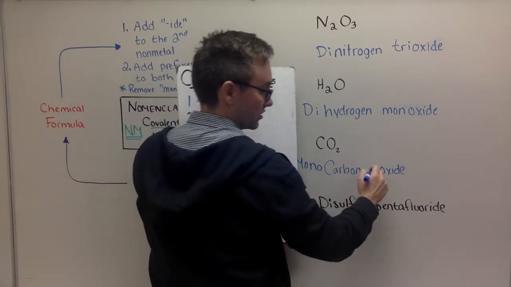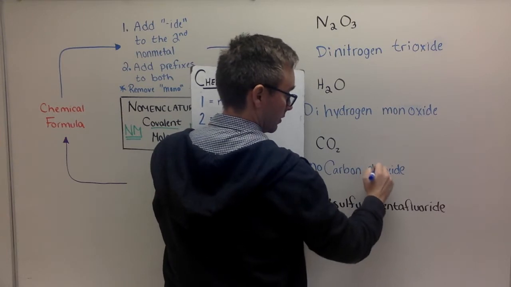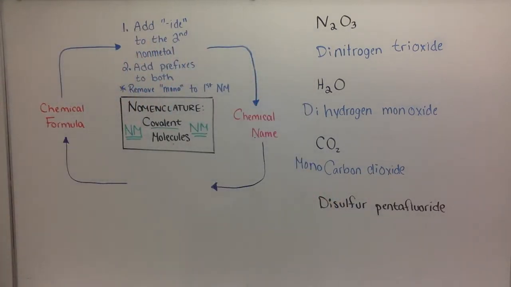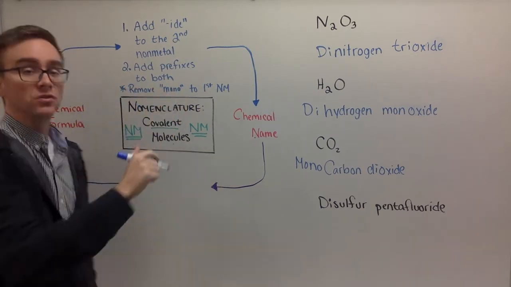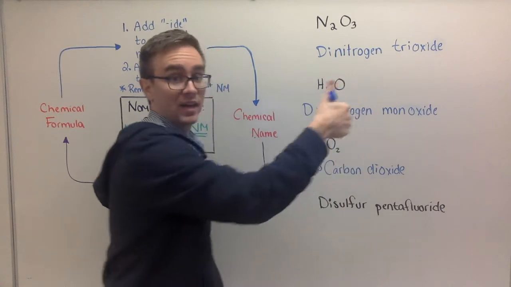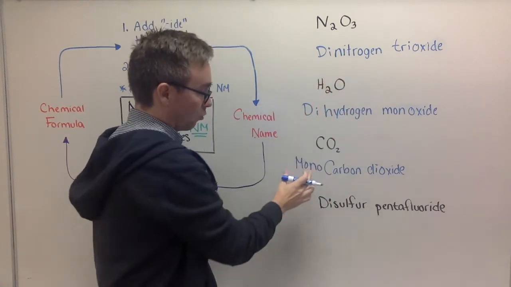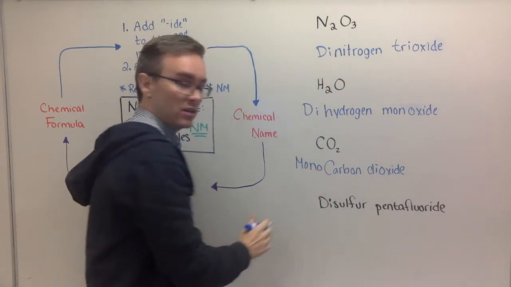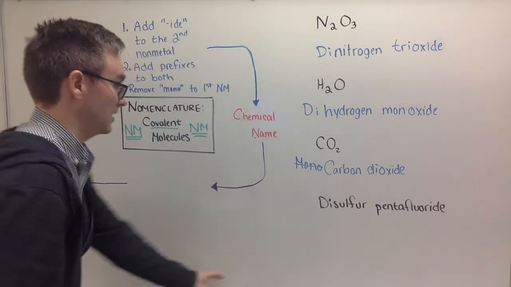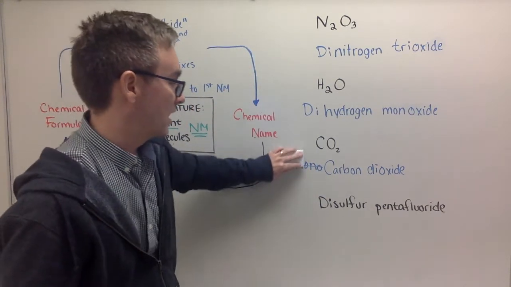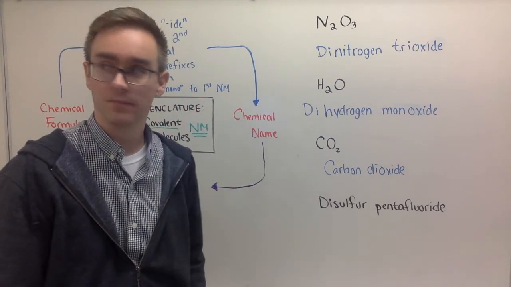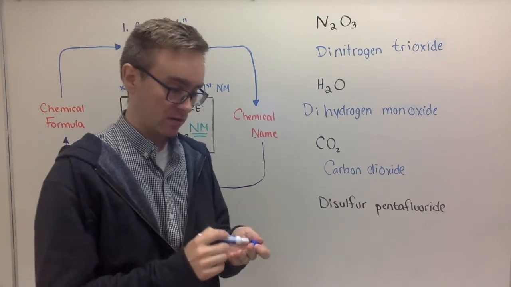And then 2 oxygens, which means dioxide. But with this extra rule, remove the mono from the first nonmetal. Notice this one, here's the second nonmetal. That's okay. But if the name starts with mono, you actually remove it. So this ends up being not monocarbon dioxide, but actually carbon dioxide.